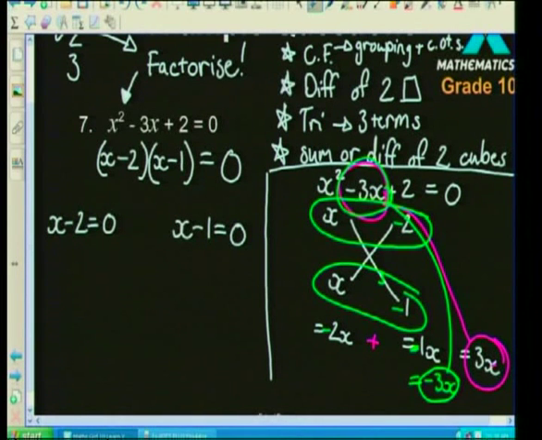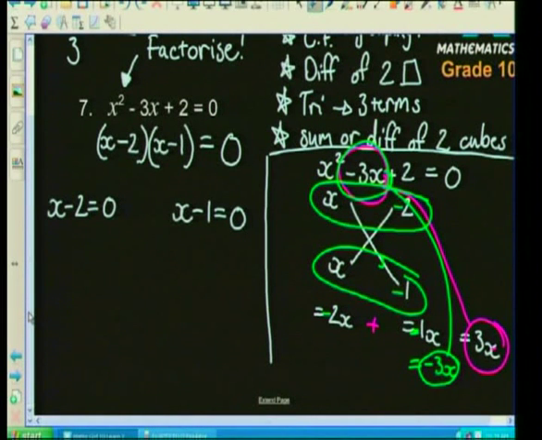So if x minus 2 is equal to 0, it means that when you multiply x minus 1 by it, you will get an answer of 0, making the equation true. The same way, if x minus 1 had a value of 0, then 0 times x minus 2 is going to give you 0, so it would make it true as well.